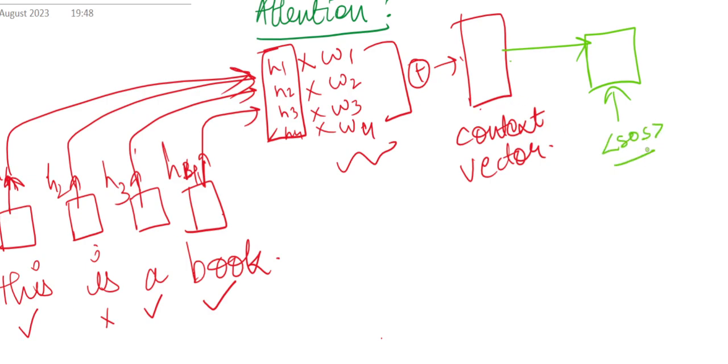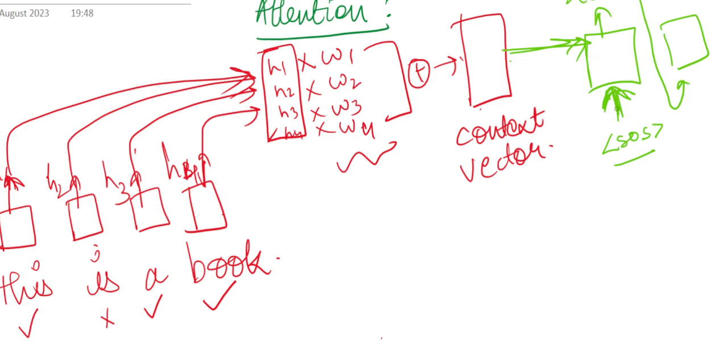It's a starting symbol which says that the sentence is starting. So the first word would be generated taking these two things as input. The first word would be generated, yeah. Now this word is passed to the next step, and so on. So this is how attention works.